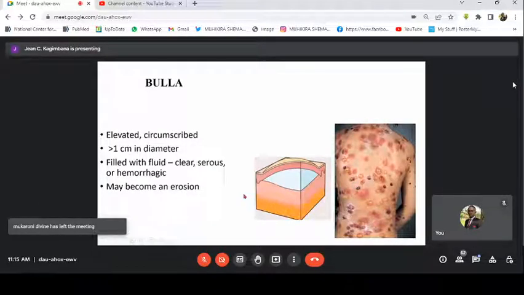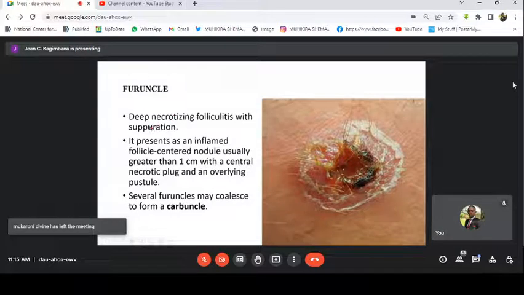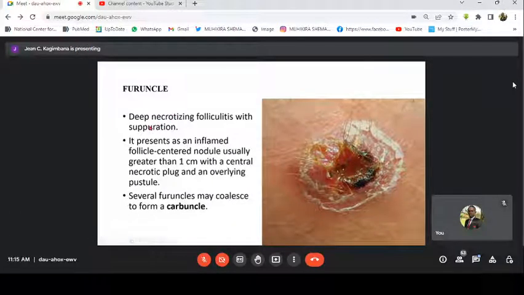Clear? Now, when a pustule is centered by a hair, it's no longer called a pustule, but it's called a folliculitis. Now, when a folliculitis necrotizes, it becomes a furuncle.